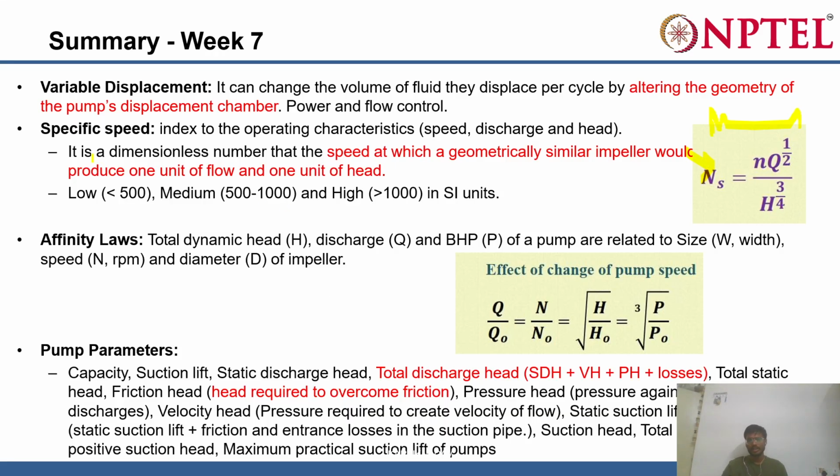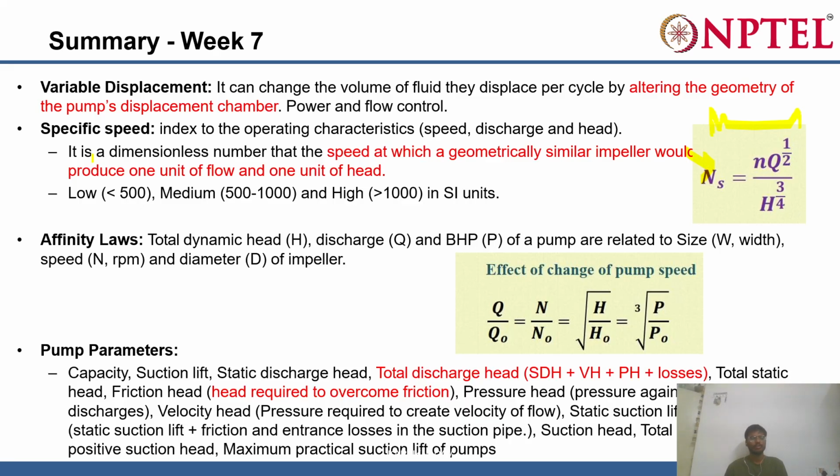It is a dimensionless number that tells us the speed at which a geometrically similar impeller would produce one unit of flow and one unit of head. If your specific speed is less than 500, it is called low. If it is 500 to 1000, it is medium, and greater than 1000, it is high.